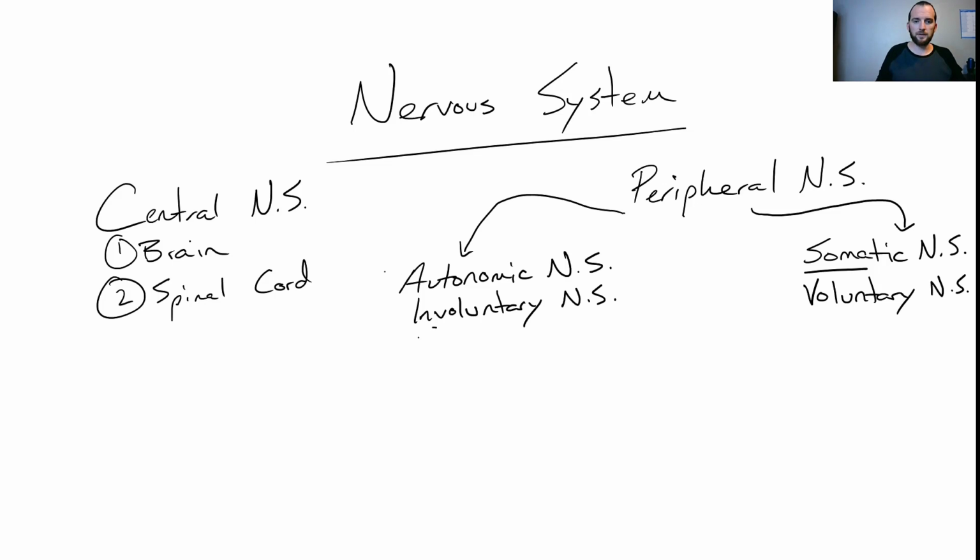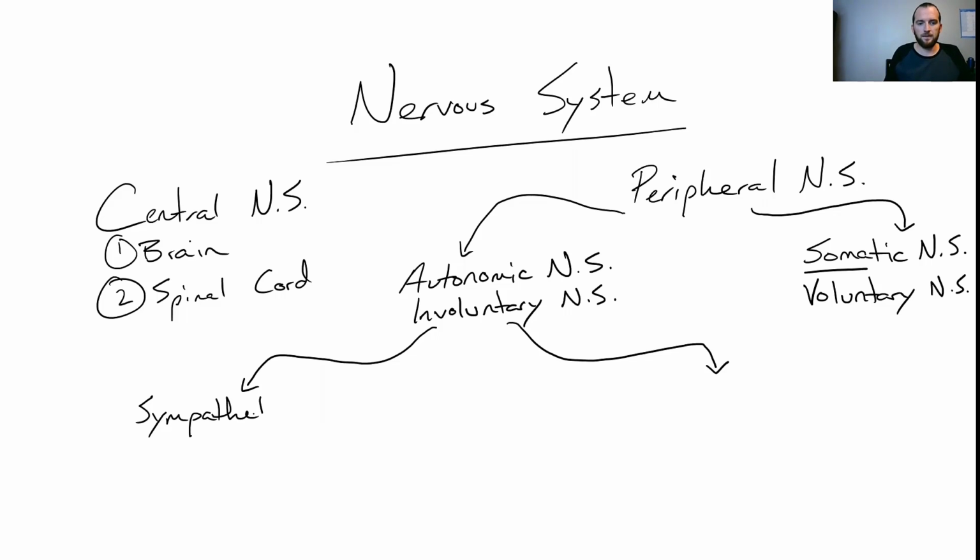So the autonomic has two subcategories as well. We can kind of start to see the branches that are showing up here. And on the autonomic nervous system side, the split is our sympathetic nervous system, right?